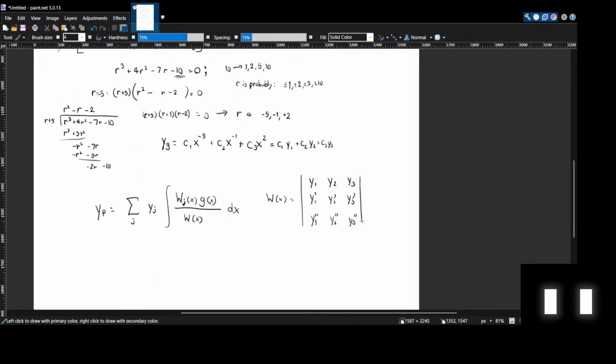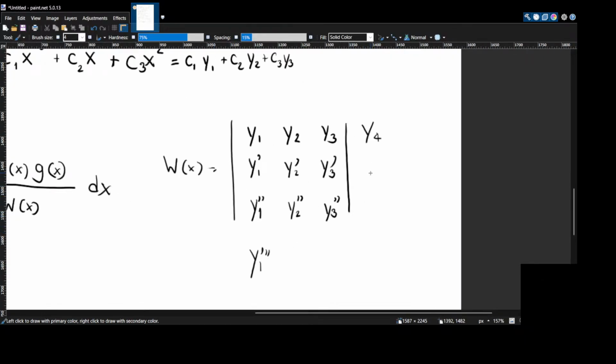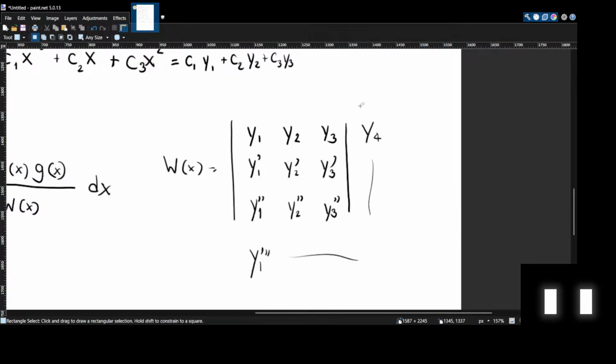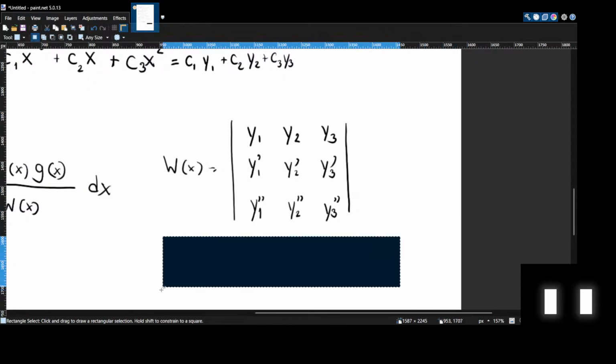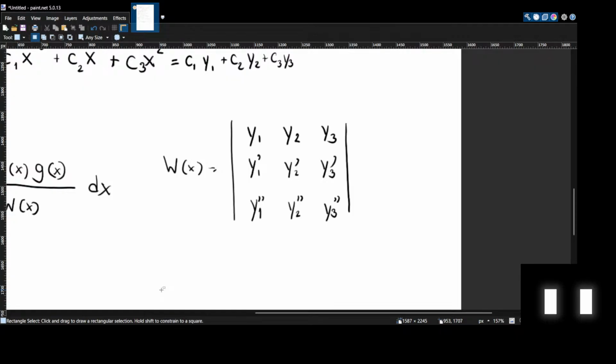And if that's the case, we're gonna have to add in another column. We're gonna have to add in y4, and we're gonna have to add in the y triple prime over here as well. So if we had fourth order, it's gonna be a huge pain. Fortunately, we only have three, so we can find the determinant of a 3x3 matrix much more easily.